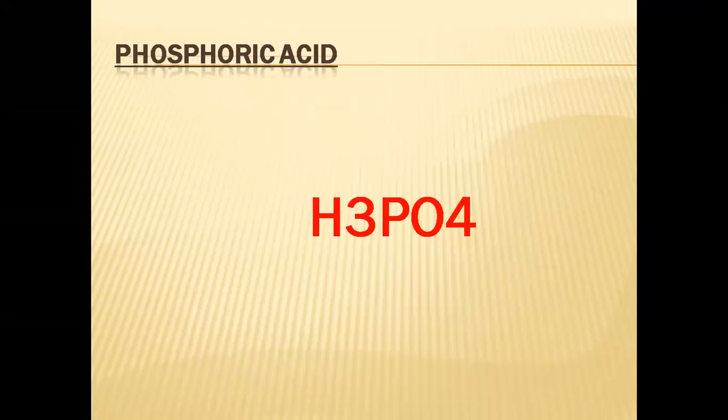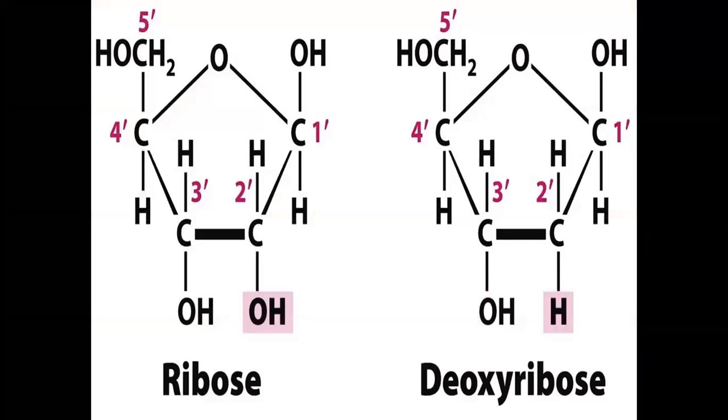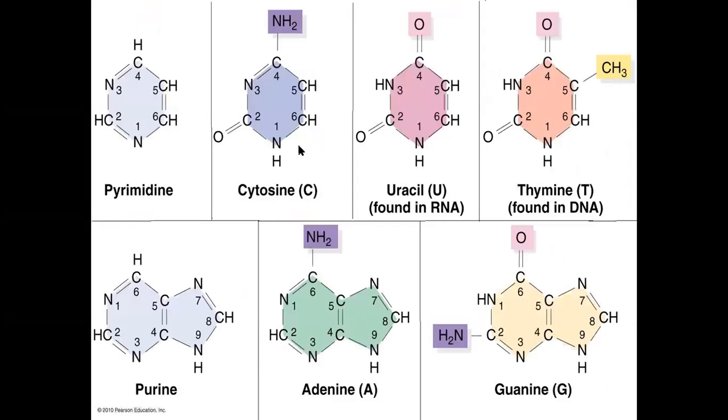Each ribonucleotide is made up of 3 moieties or 3 components. One is phosphate, which comes from phosphoric acid. Second is ribose sugar, and third is a nitrogenous base.